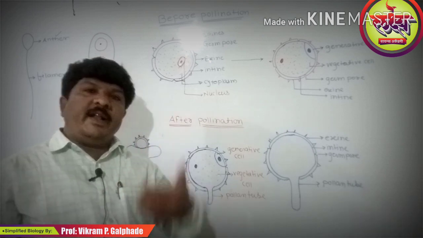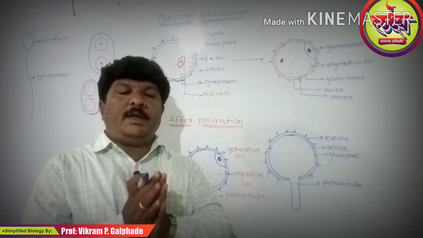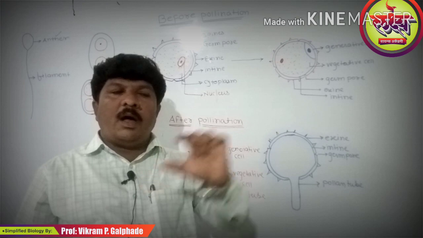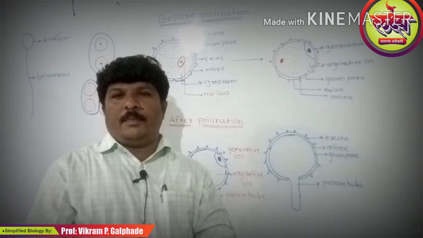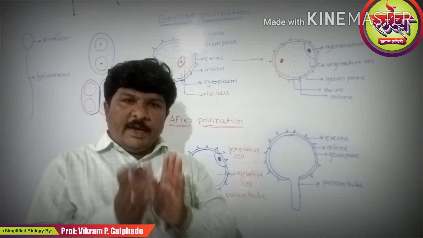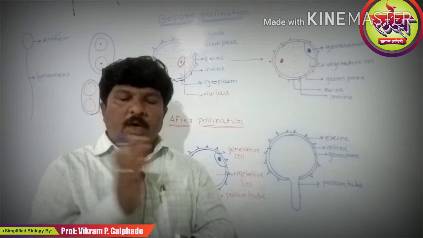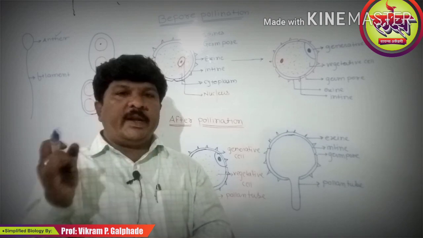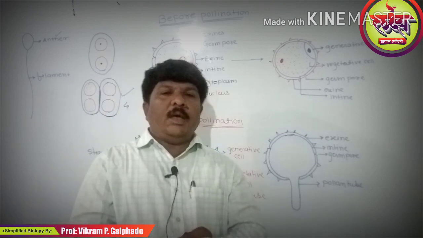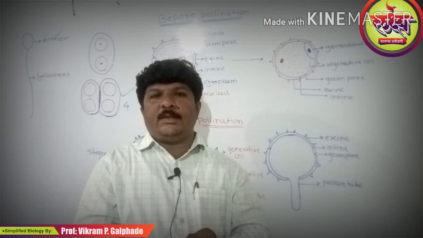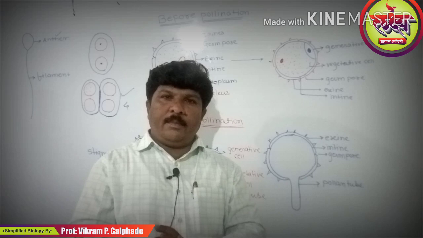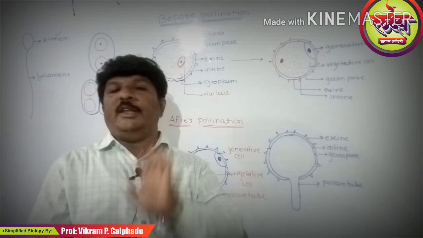When pollen grains are in the two-celled stage, the anther undergoes dehydration, meaning dehiscence, and it ruptures and the pollen grains come outside. You know boys, sometimes pollen grains come out in the two-celled stage, and sometimes they come outside in the three-celled stage.